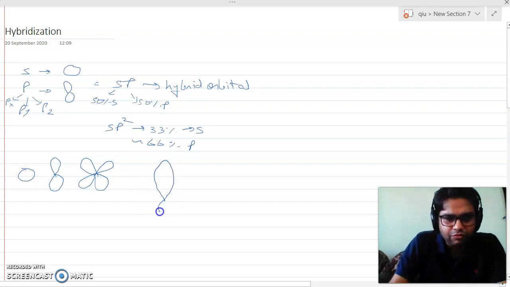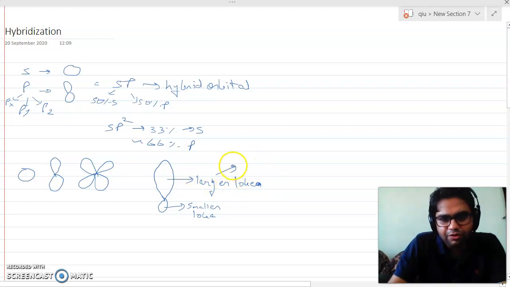It is formed of two lobes, one larger lobe and one smaller lobe. It has been hypothesized that bonding is formed from the larger lobe. So the larger lobe is only responsible for bonding, and bonding occurs from this side, the larger lobe side.